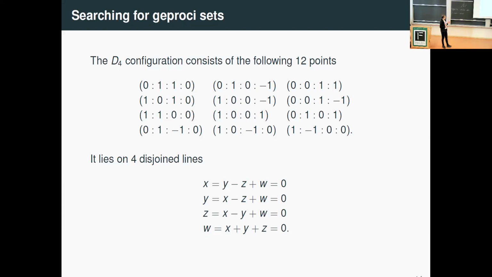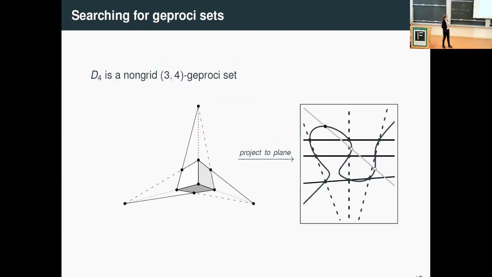So if we have this D4 configuration in P3, we can project to a plane from a general point. And then, of course, if we project collinear points, we get collinear points in P2, in the hyperplane to which we project. So we may take the solid lines. This is one line, then the other line, and this line.